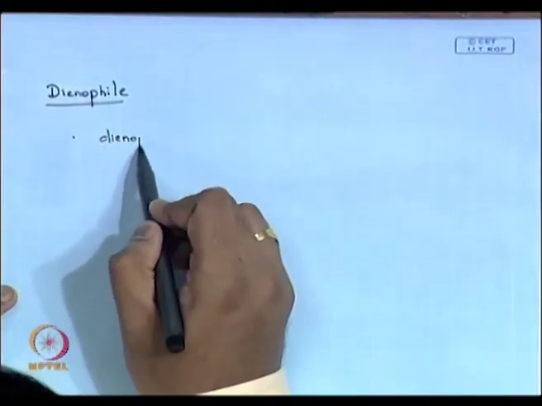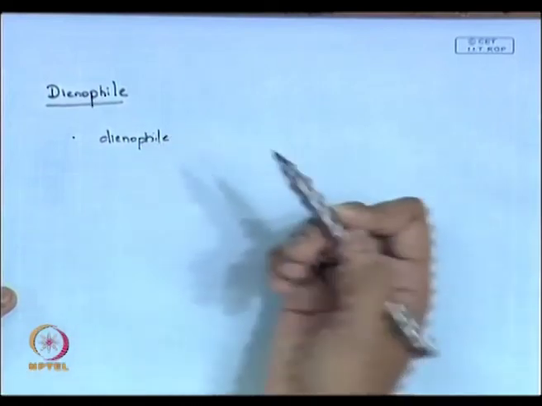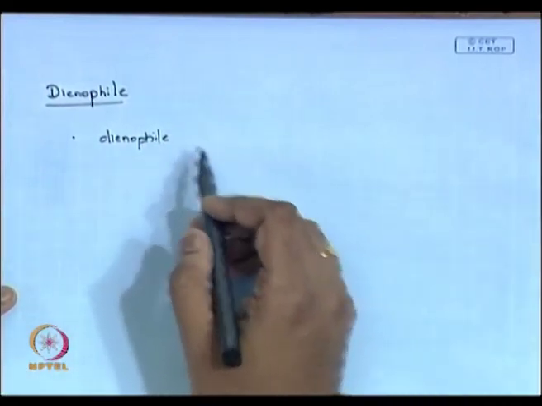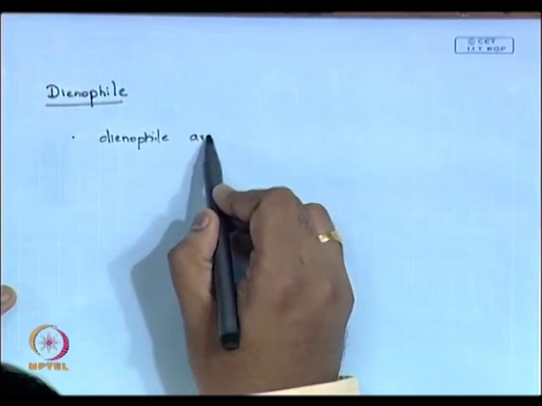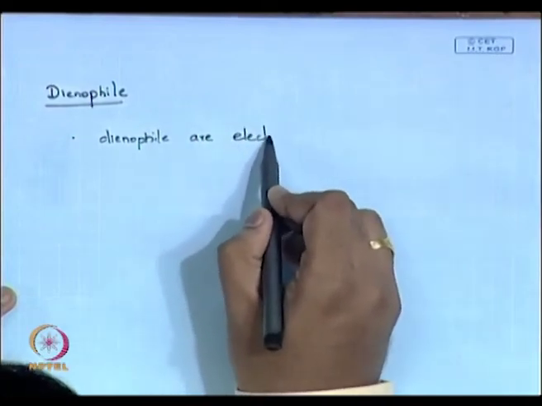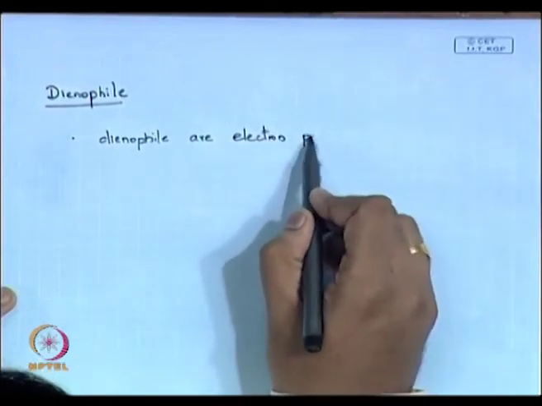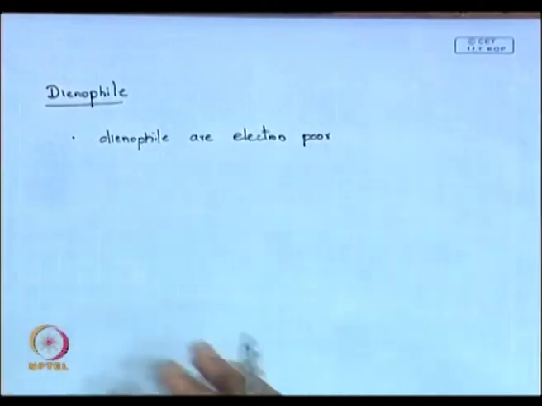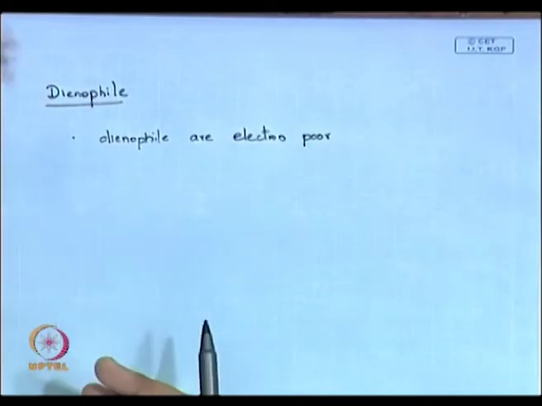Now we know that because the diene should be electron rich, it should be the other way around: the double bond should be electron poor. That means if you have an electron withdrawing group on your dienophile, it becomes electron poor and you can do good chemistry. They can be very good dienophiles.